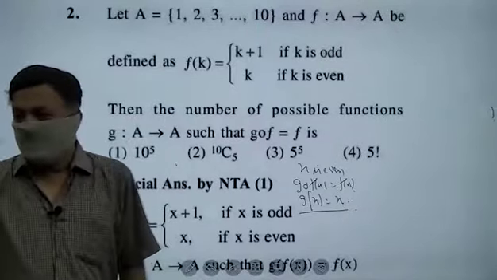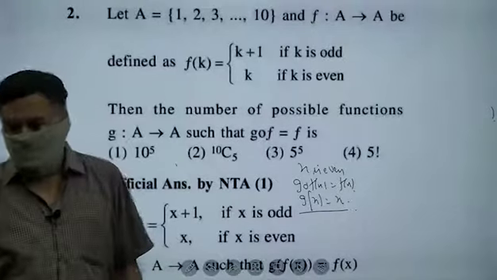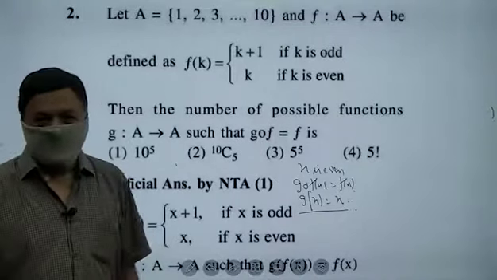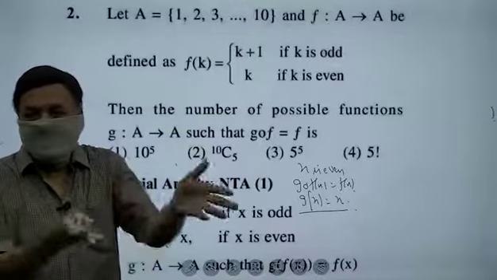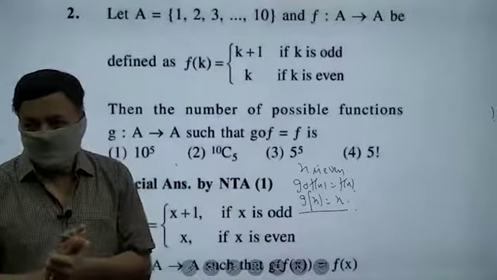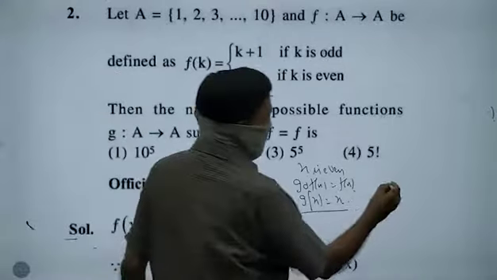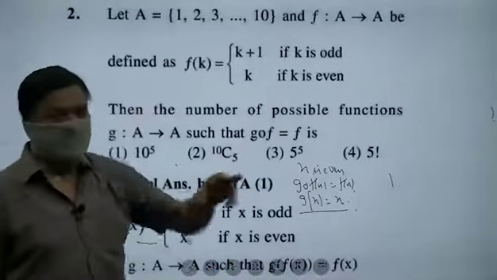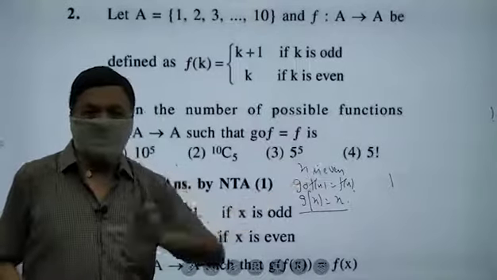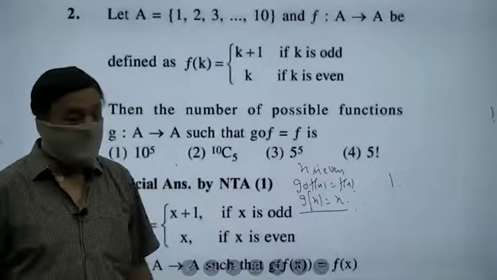Means g of 2 is 2, g of 4 is 4, g of 6 is 6. Like that, an even number has to go to itself. There is no other way. So even numbers can go in only one way.